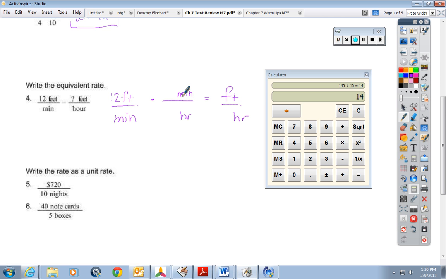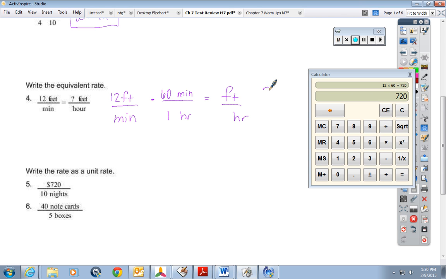What do you know about minutes and hours? There are 60 minutes in 1 hour. So we take 12 times 60 and we get 720 feet per hour. If you just wrote 720 feet, that is okay. It would have to have feet.